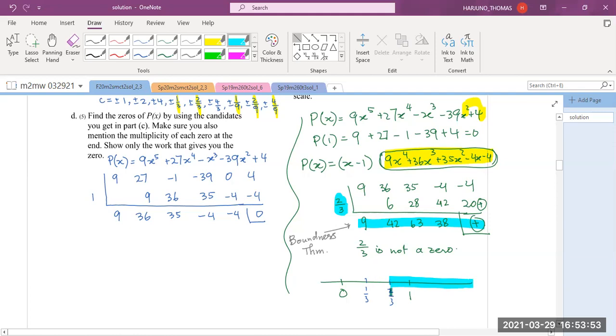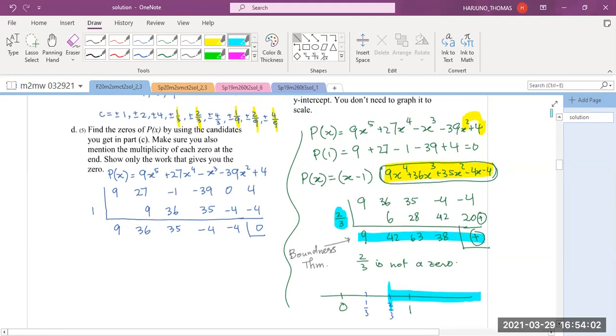So 2/3 is not a 0, and anything over 2/3 is also not a 0. You'll notice that after we take that x equals 1 out earlier, anything more than 2/3 will not be a 0. So we can cancel +1, +2, +4, +4/3.